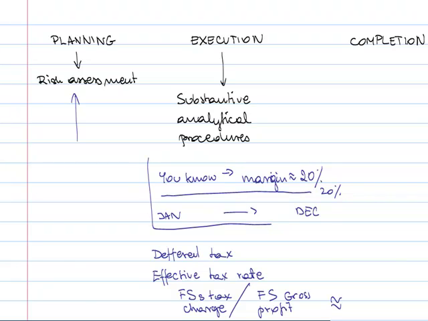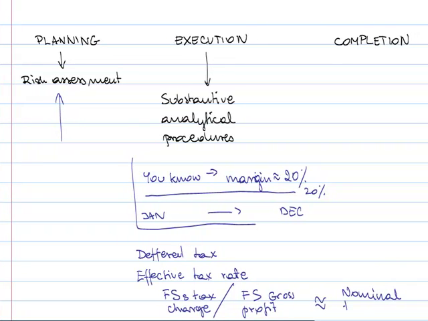If it is largely equal to nominal tax rate, and this particular company or this particular business does not have a lot of permanent differences between the tax base and profit, then it is an indicator that the deferred tax is calculated correctly. Alright, so these are the two examples of the application of substantive analytical procedures.